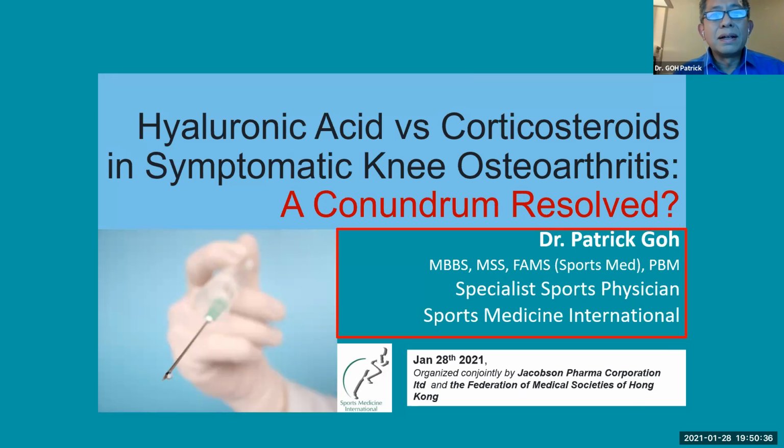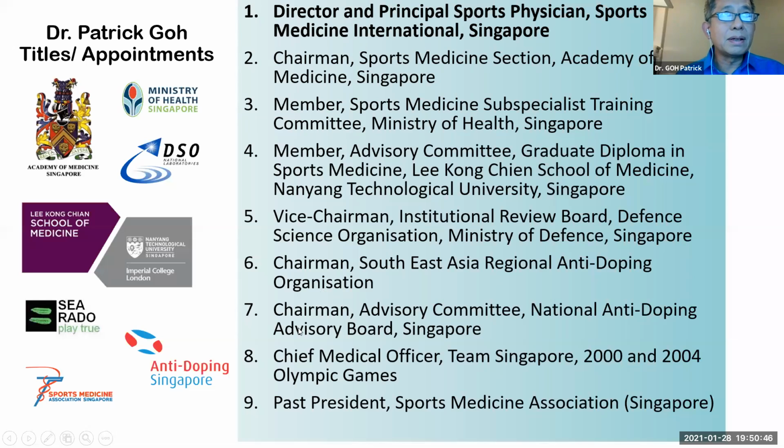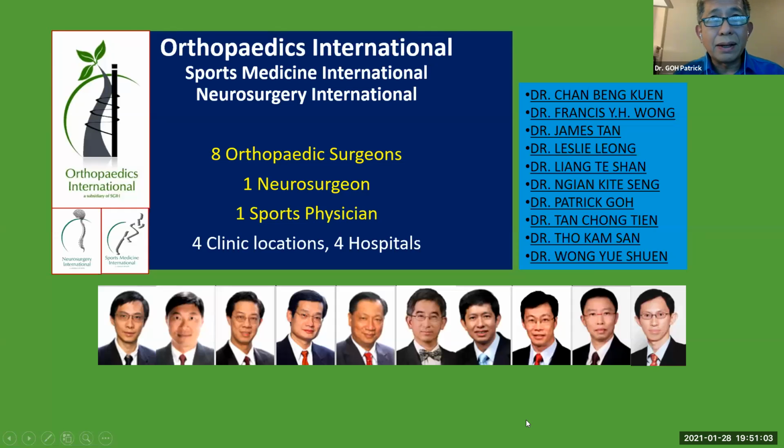Okay, so my full-time job is as a sports physician. I'm a full-time clinician with a lot of voluntary work. I chair the sports medicine section in the Academy of Medicine and have several other appointments, all voluntary roles. I work with a group of 8 orthopedic surgeons and 1 neurosurgeon, and I'm the only non-surgeon in the group.